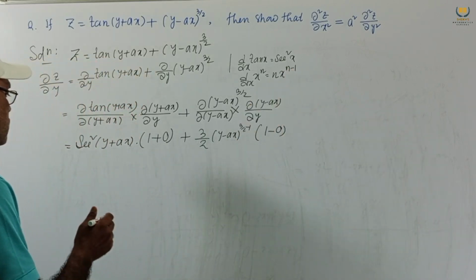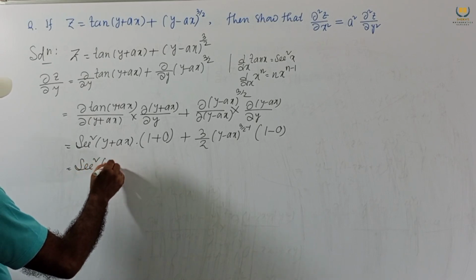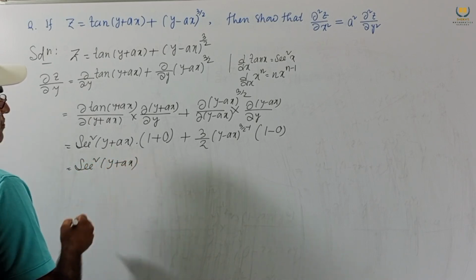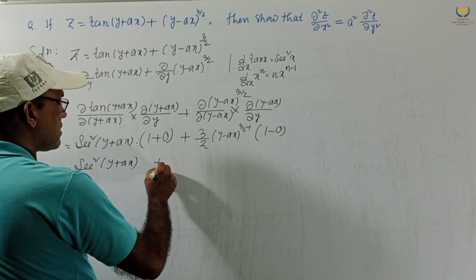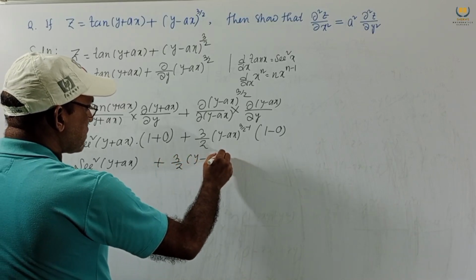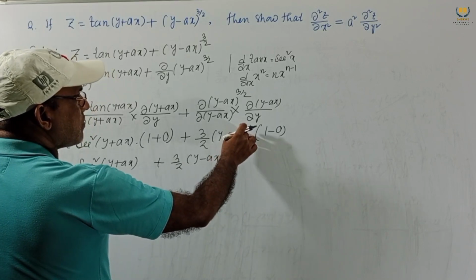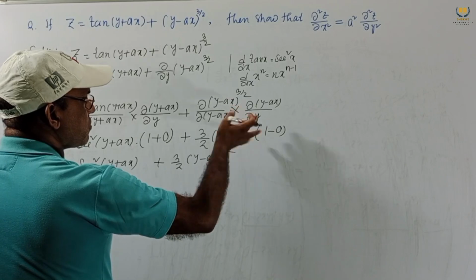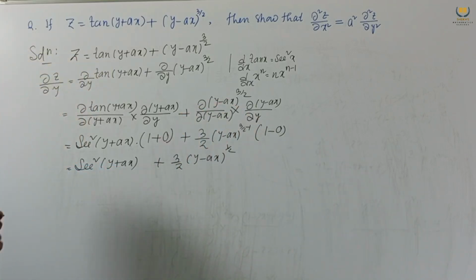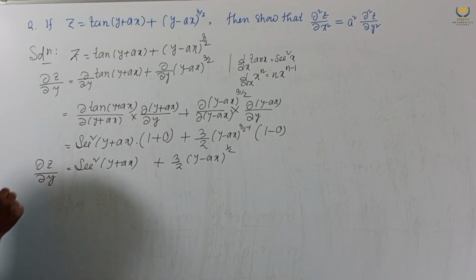So what we get? We get sec square (y plus ax) and 3 by 2 (y minus ax) to the power 1 by 2, taking LCM 2, 3 minus 2, then 1 by 2. This is del z del y.